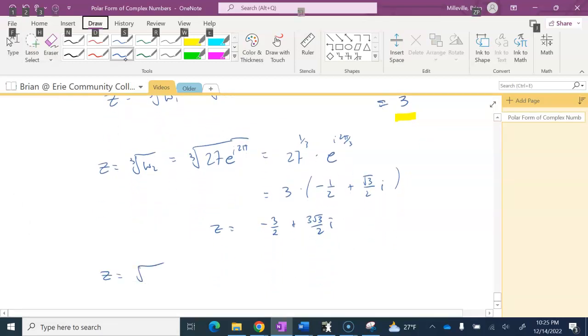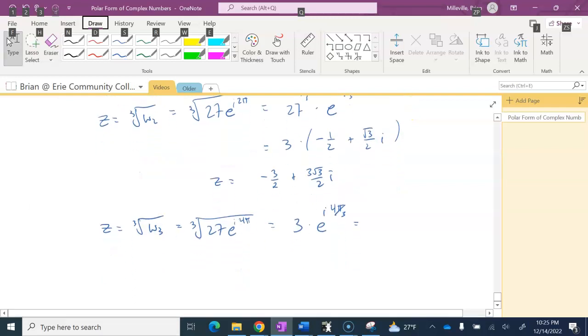The last one will be the cube root of W3, which would be the cube root of 27e to the I 4 pi. And then likewise, we would get 3 times e to the I 4 pi over 3 power, which if we want to write this out in rectangular form would be 3 times cosine of 4 pi over 3.